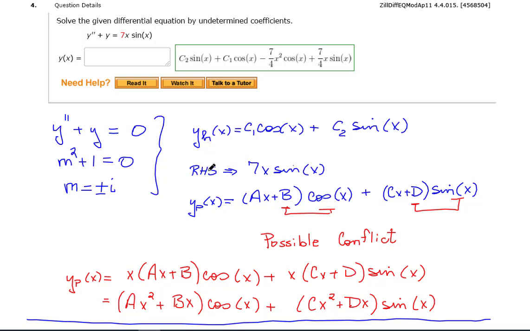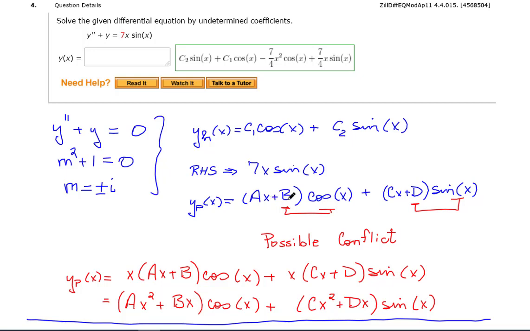Now the right hand side is 7x sine x. Alright, so I've got this piece, which my guess would be ax plus b. And because I have a sine or cosine, I get the combination of them both.